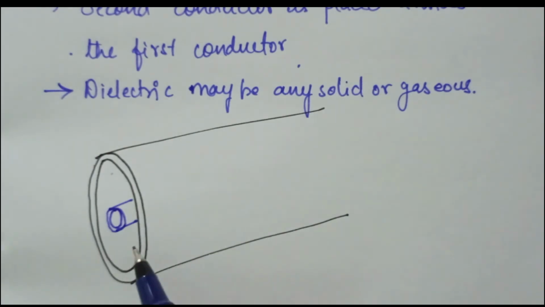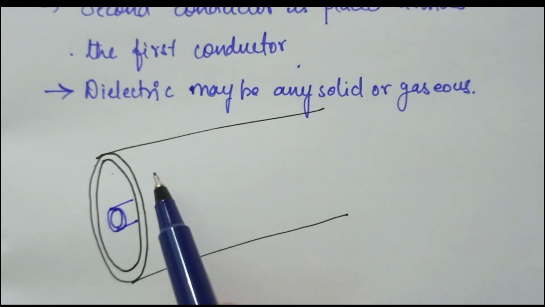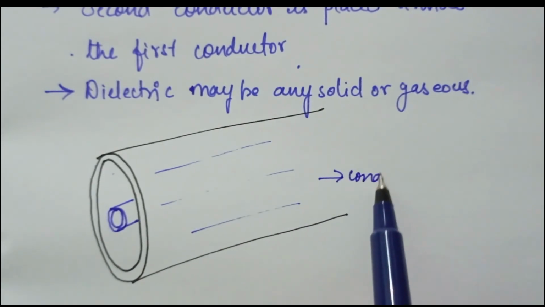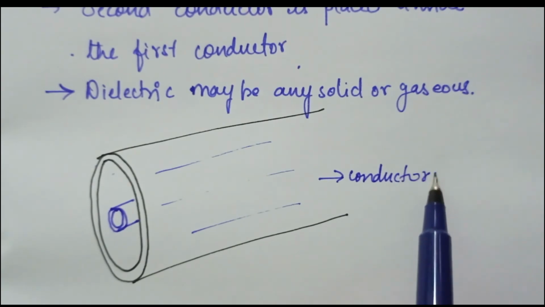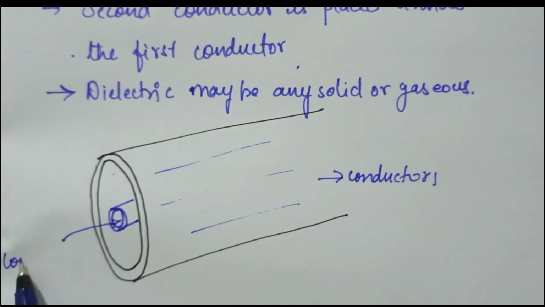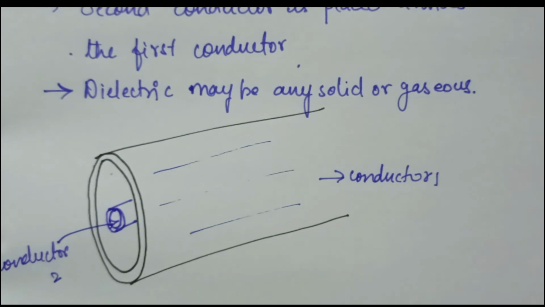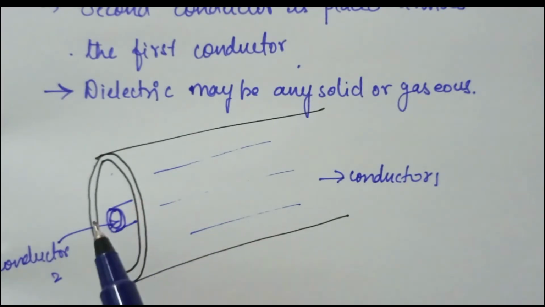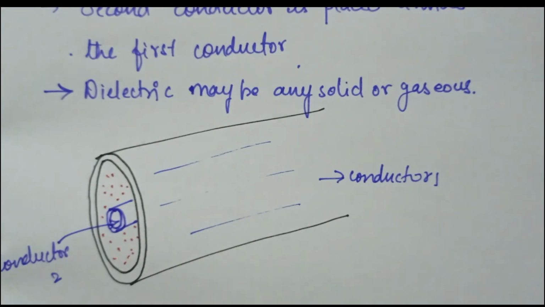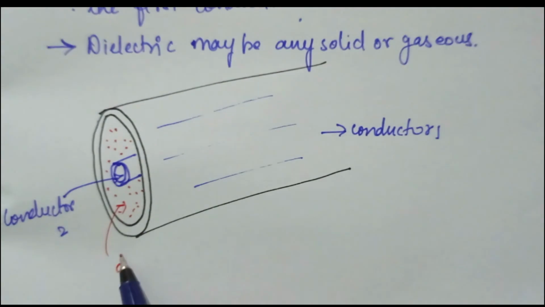This one is the outer conductor, conductor 1, and this is conductor 2. Between these two conductors we have dielectric material or any gas.